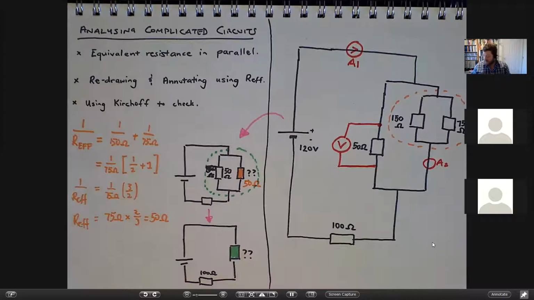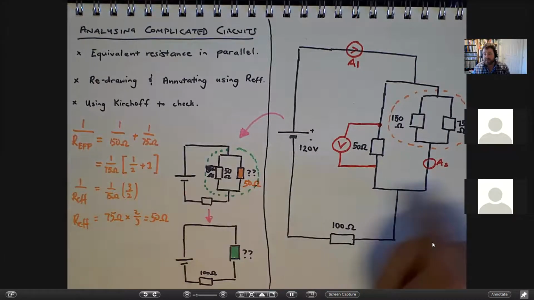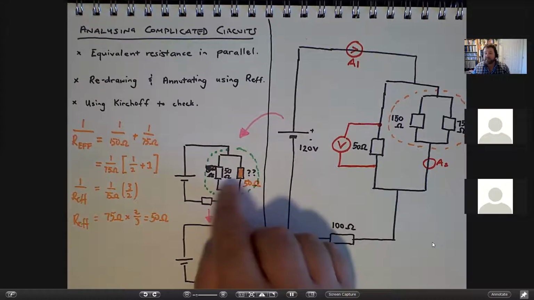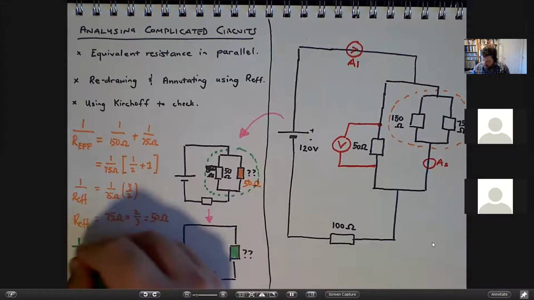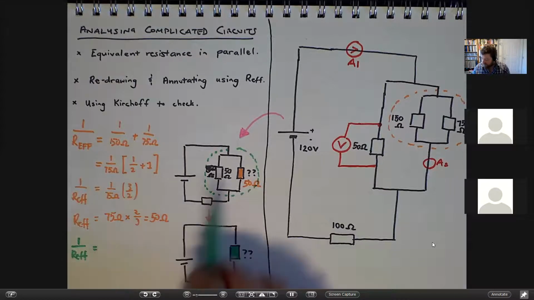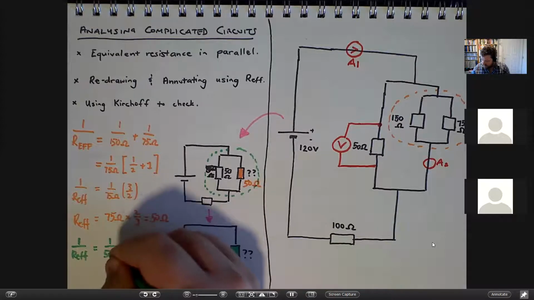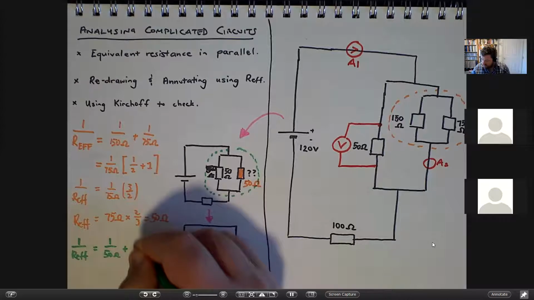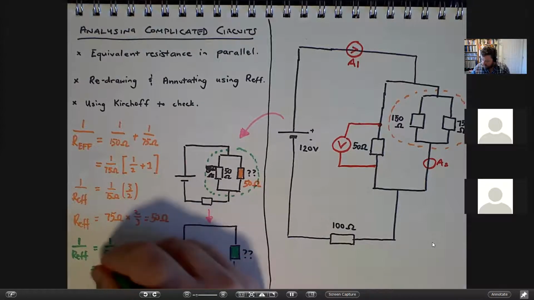Okay, then now we know that this circuit here is equivalent to having two 50 ohm resistors in parallel. So we can work out what the green resistance is. 1 over R effective is equivalent to having two in parallel like this: 1 over 50 ohms plus 1 over 50 ohms equals 2 over 50 ohms.